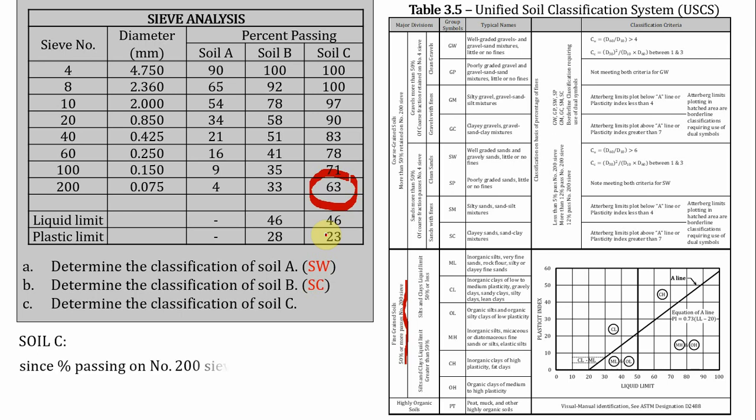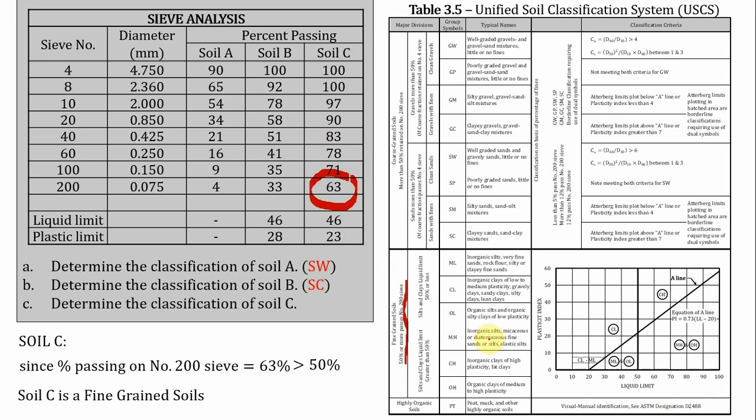So therefore, since the percent passing of the number 200 sieve is 63%, which is greater than 50%, soil C is a fine grain soil. We concluded, class, that our soil C is a fine grain soil.